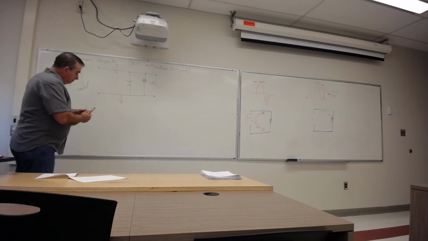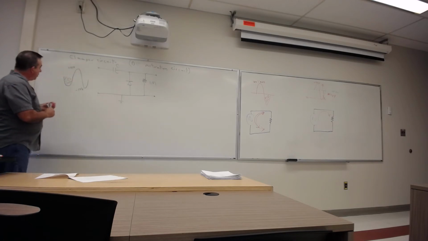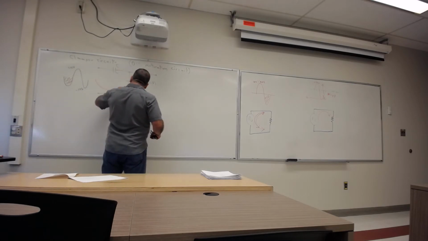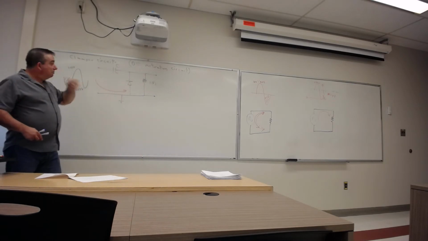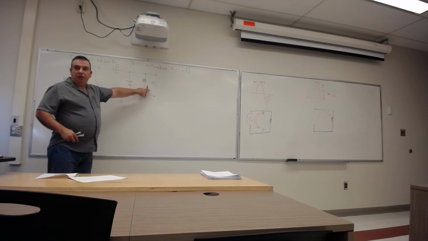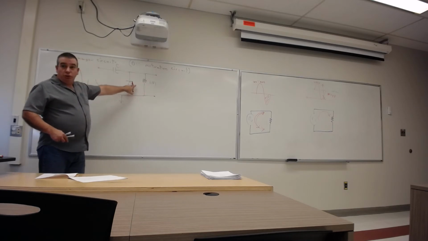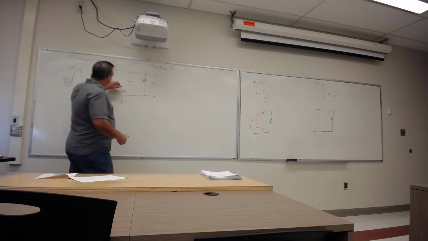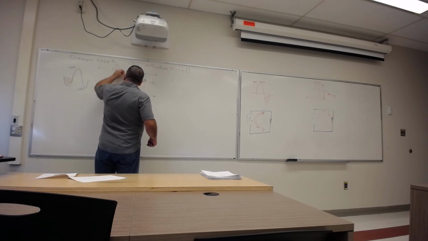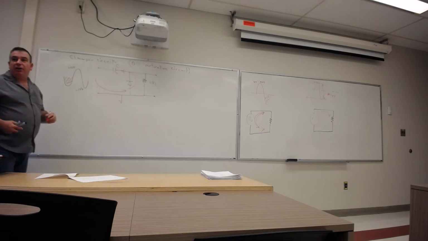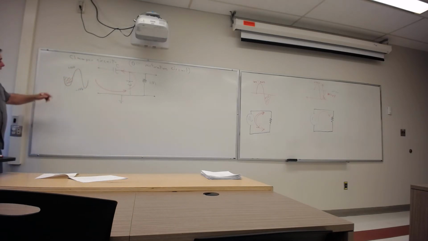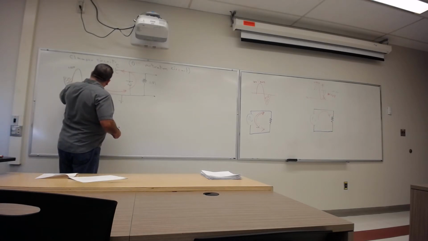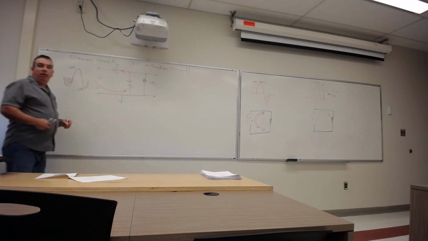If I start off with this, current is going to flow, come over here, and it's going to have a choice. I've got a diode and a large resistor. It'll choose the diode because the diode looks like a short circuit. So current will flow this way to the capacitor, and let's say we had 10 volts, plus, minus like that.